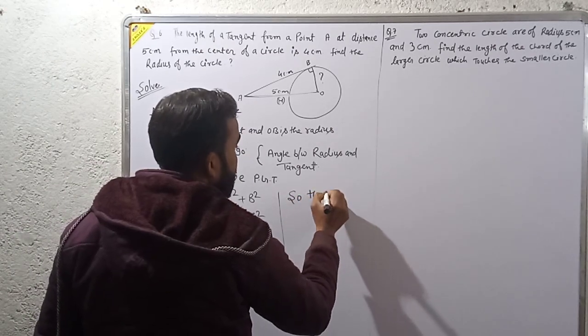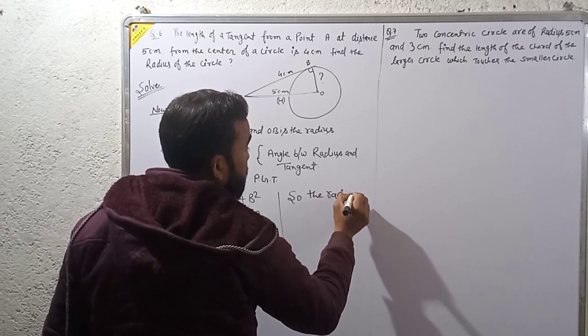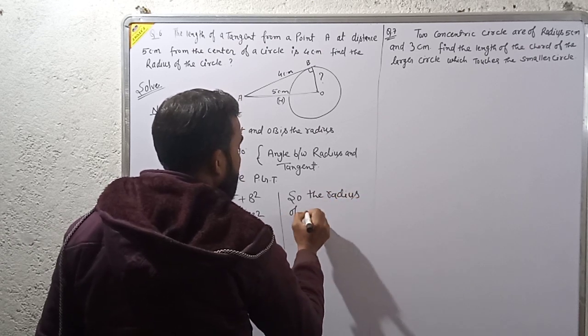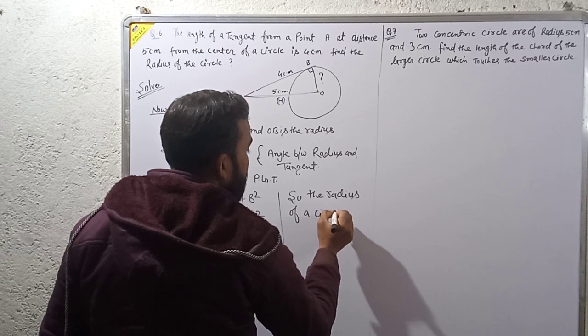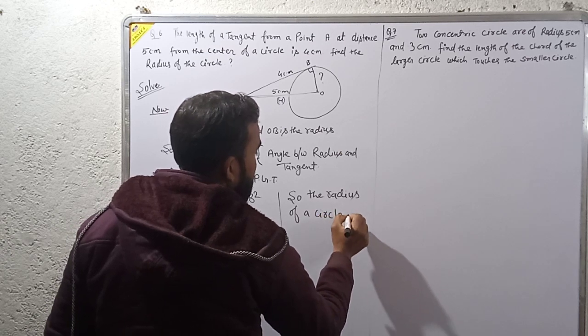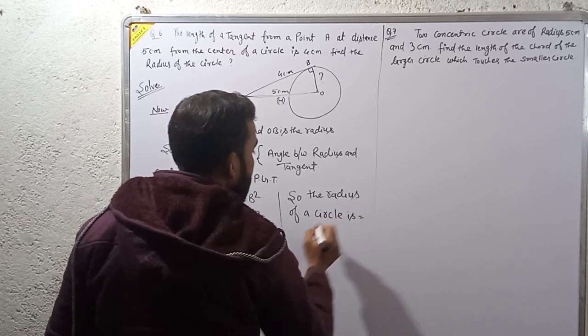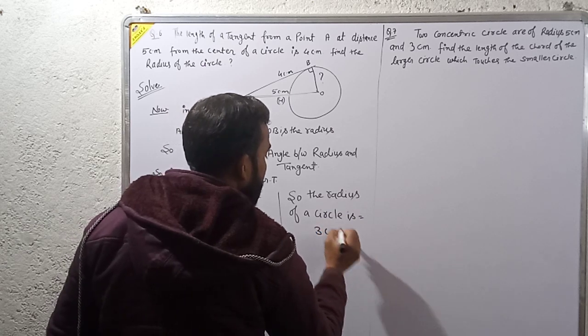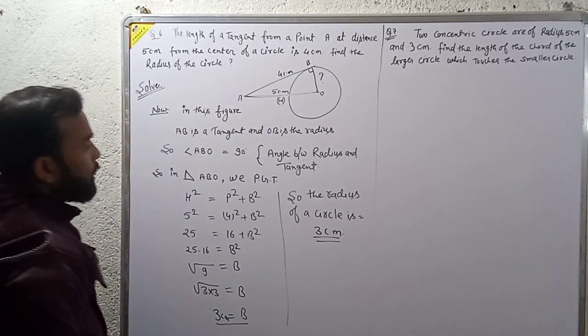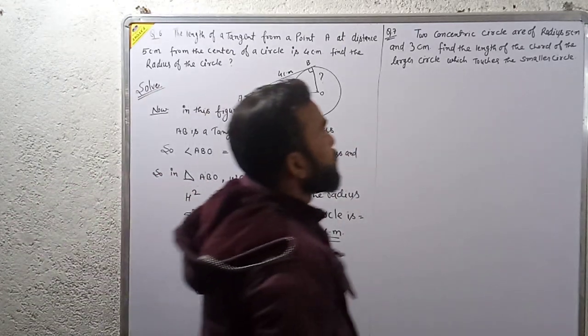So the radius of the circle is 3 centimeter. Clear?